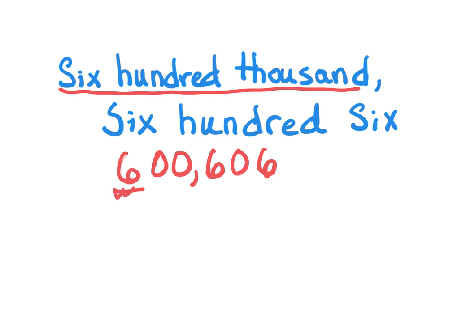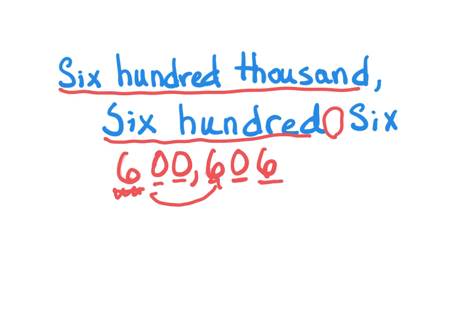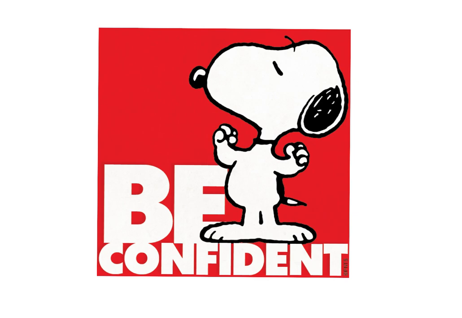It has to be in the 100,000s place. We don't have any 10,000s, and we don't have any thousands. So it immediately jumps right to the hundreds. And we have 600. We have no 10s, and we just jump right to the ones, which is a 6. So 600,606.